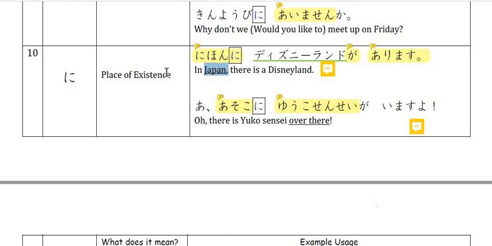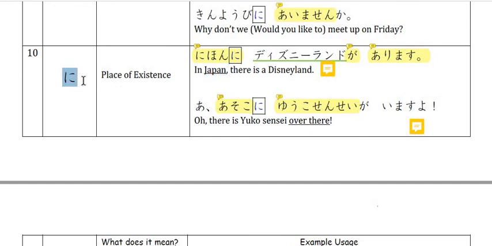So for instance, imaginary, if you want to say this: アメリカにディズニーランドがあります。 Actually, let's make the sentence sensible because there is no Disneyland in America. So let us say there is no Disneyland in America, or Disneyland doesn't exist in America. So it will be America ni Disneyland ga arimasen. America ni Disneyland ga arimasen. This marks the place of existence.